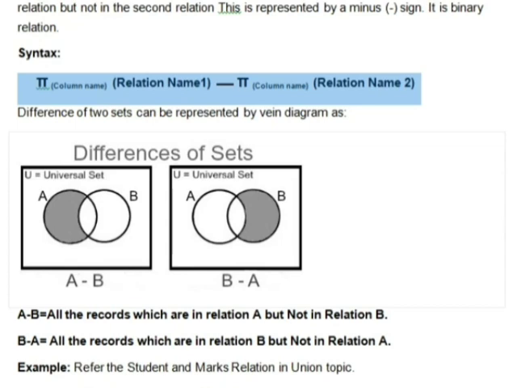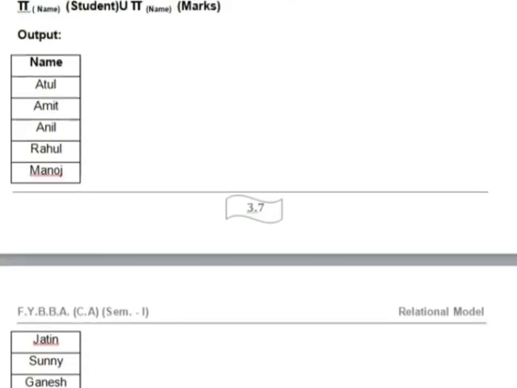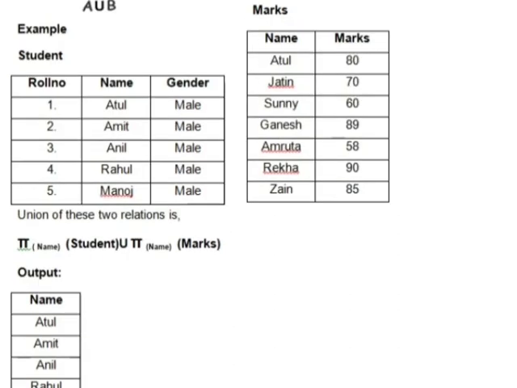To better understand this, we will take the same example as before. Consider the student and marks tables, where roll number, name and gender are the columns of the student table, while name and marks are the columns of the marks table.